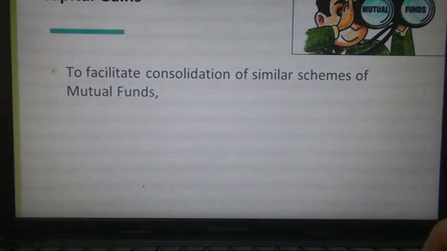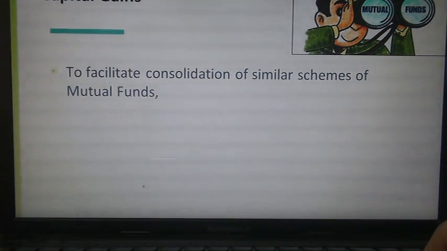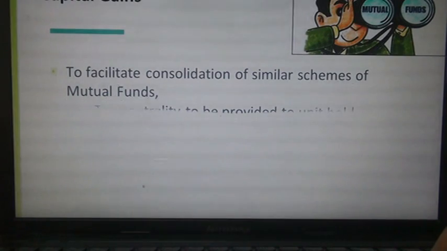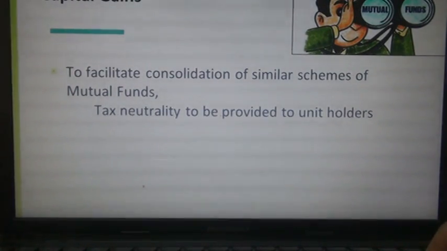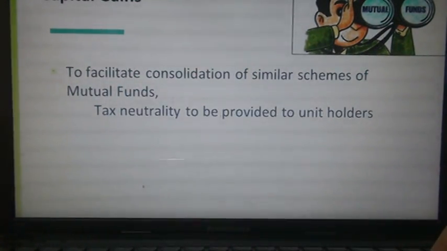Now let us have a look at the amendments relating to capital gains. A very small amendment here. There has been a lot of schemes of mutual funds which have been consolidated in recent times. So basically unit holders who were holding certain units in one fund now get transferred to the other fund by virtue of this consolidation which takes place, and there were a lot of questions raised as to the tax effect of this particular transaction.